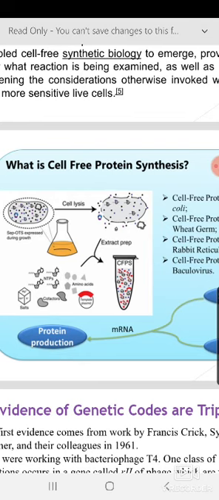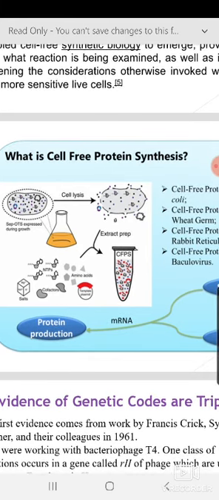Now inside the soup, as I mentioned, DNA, RNA and other indigenous components are present. If you want to examine another, synthetically prepared RNA or template, you can incubate it with that system.